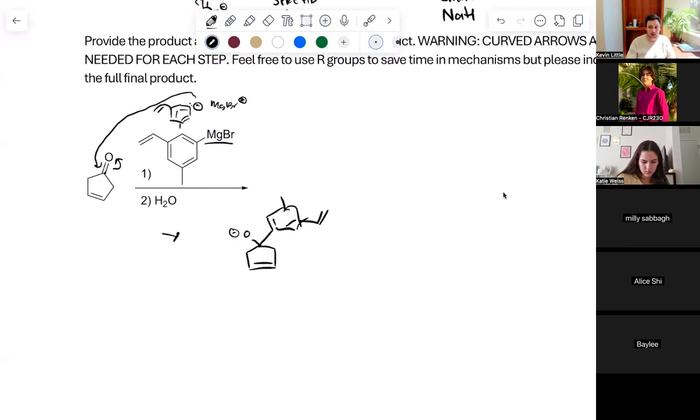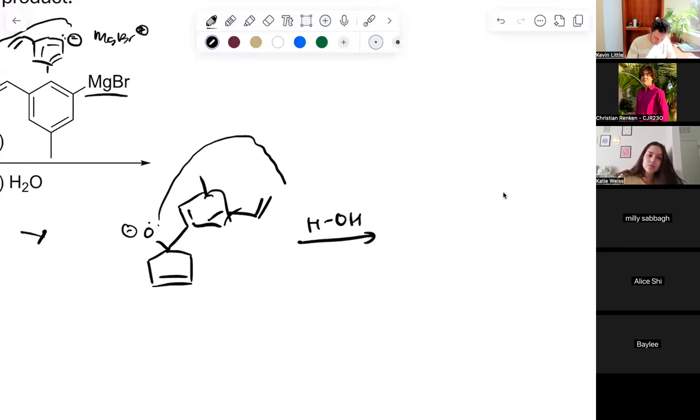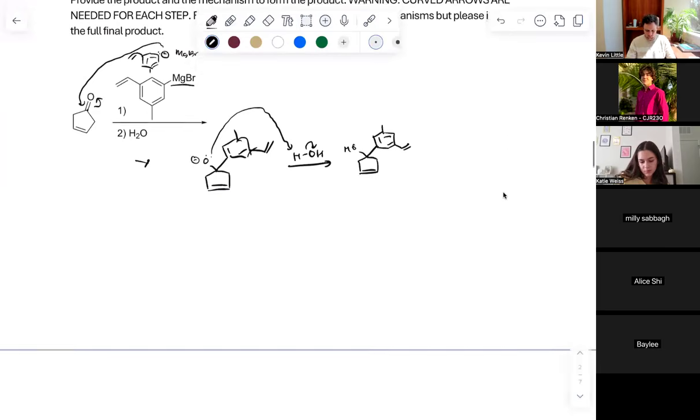It wants to reform, but I don't have a leaving group, so it has no chance to reform. It can't go down, so I'm going to protonate it and we'll be done. So Grignards are easy. They're nice. We're good to go.